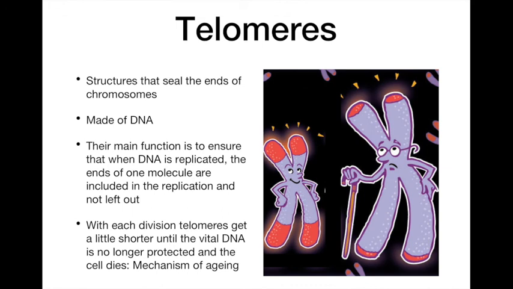Yes, we will talk about the replication of the DNA. Okay. If part of the DNA is not copied, that piece of information is lost. At each subsequent division, another small section of information will be lost. Eventually, the loss of vital genes would result in cell death.